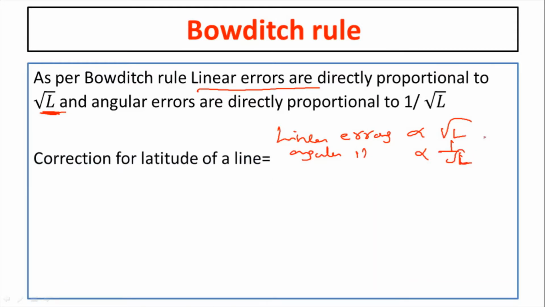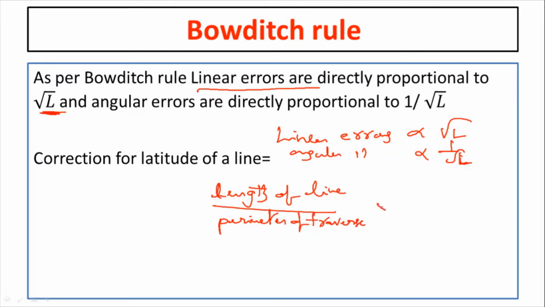Then to apply the corrections for latitude of a line, the formula is: correction for latitude of a line equals length of the line divided by perimeter of the traverse, into minus sigma of latitudes. How to calculate the perimeter of the traverse? Suppose you have 5 lines.